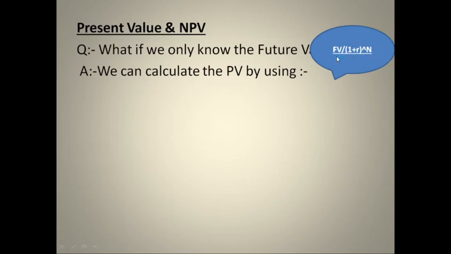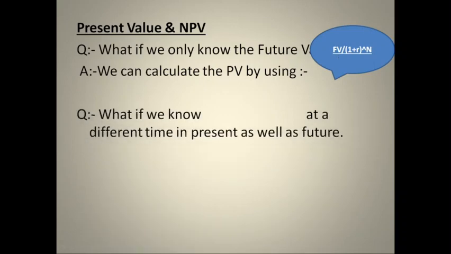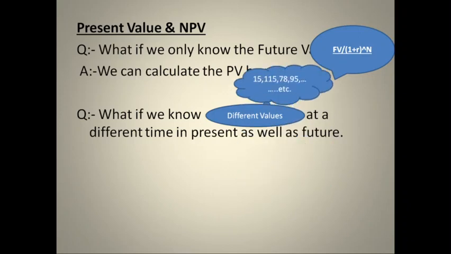Fine. Now let's make things a bit more complicated over here. What if we know different values at different times, in the present as well as the future? By different values, I mean suppose you have hypothetical numbers like 15, 115, 78 and 95.